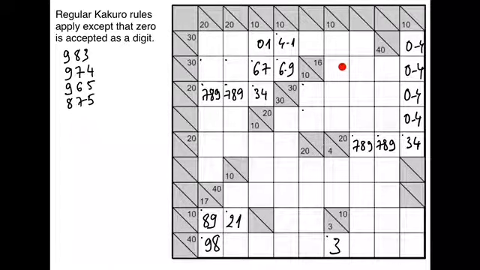In regular Kakuro, those should be 1, 2, 3, and 4, but now 0 is permitted. So, not so sure. Oh, but 0 couldn't go there, because if 0 were in this place, we would have a maximum of 4 with those 2 digits, and then a maximum of 28. Therefore, not fulfilling this 30 clue. So this is a non-zero digit.